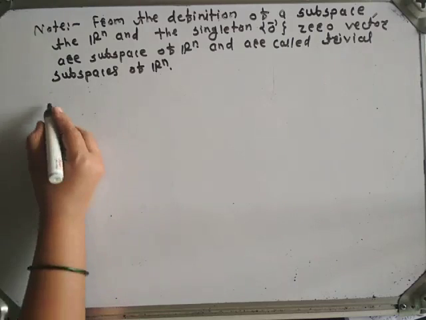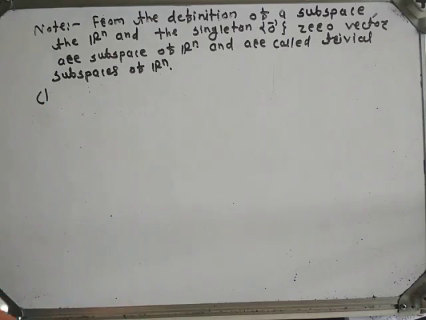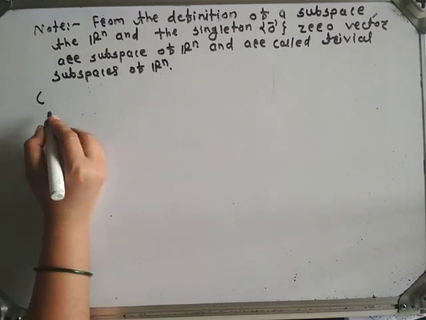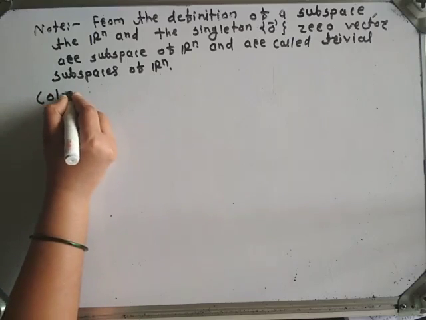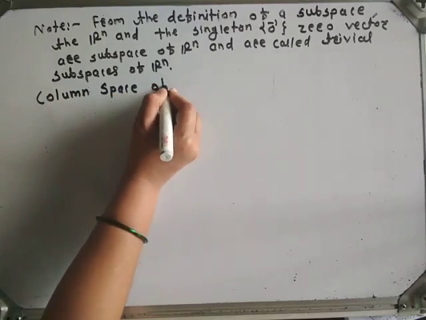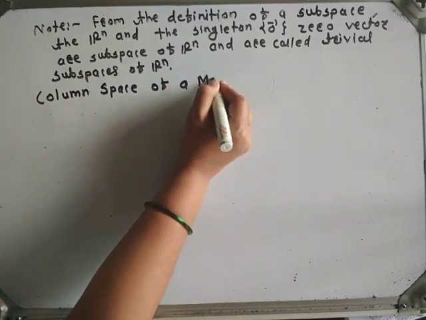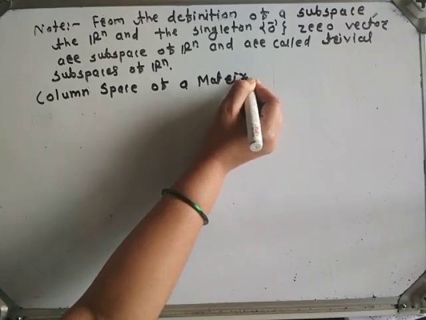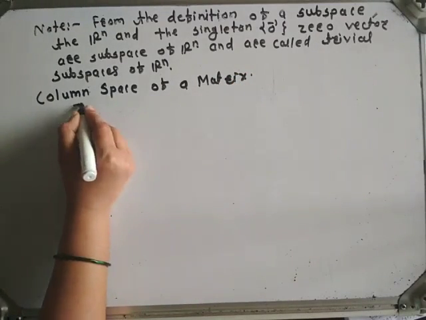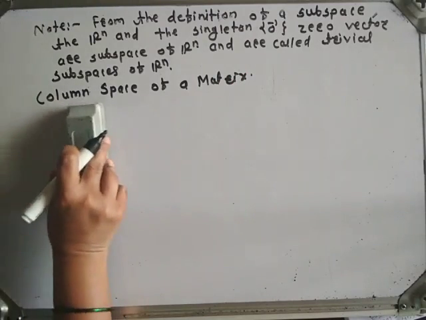Let us take next definition. Column space of a matrix. Definition.